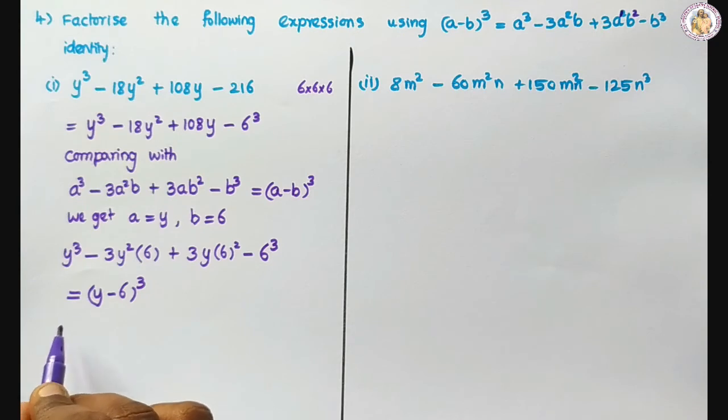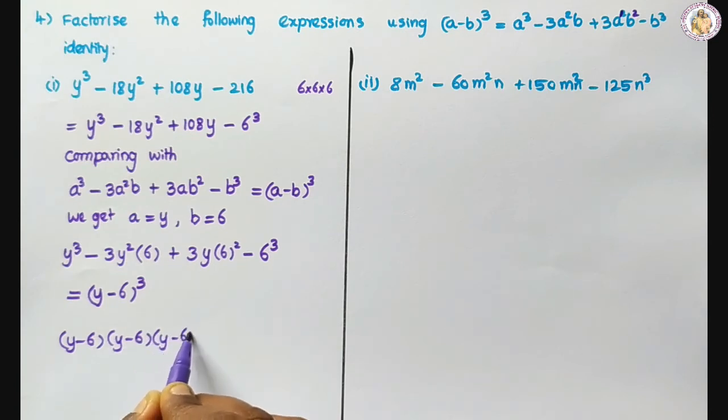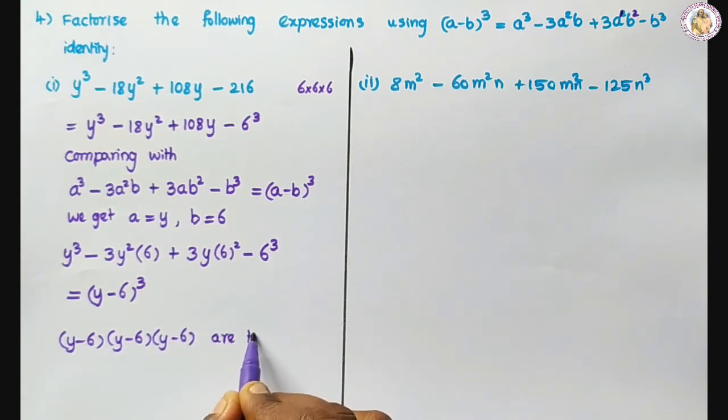So that is the answer. What are the factors here? (y minus 6) into (y minus 6) into (y minus 6) are the factors.